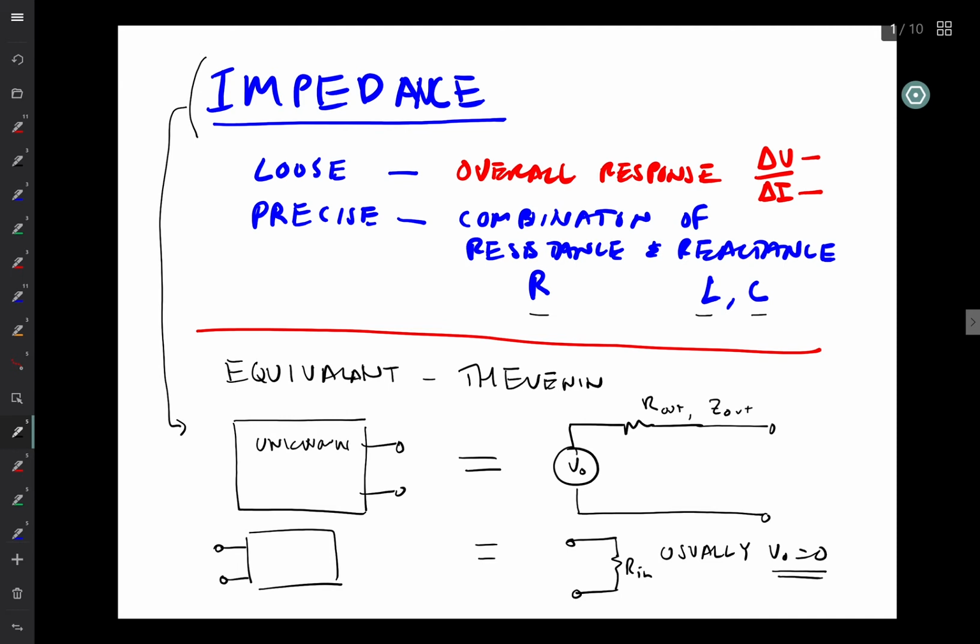So there's nothing fundamentally different between input resistances and output resistances other than the fact that they're connected with inputs in this case or outputs in this case. Okay. So let's move on and see if we can understand how to relate this model with this basic overall response definition.